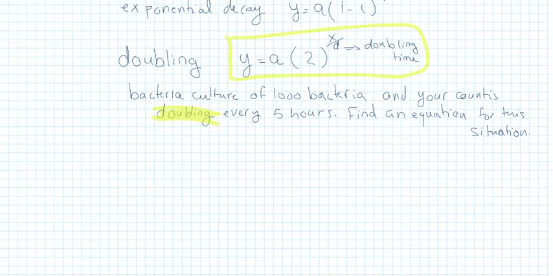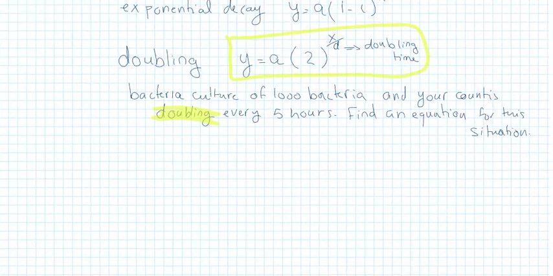So every 5 hours, your number is going to double. You start with 1,000. After 5 hours, how much are you going to have? You start with 1,000, doubling times 2 is 2,000. Another 5 hours, you double again and it becomes 4,000.